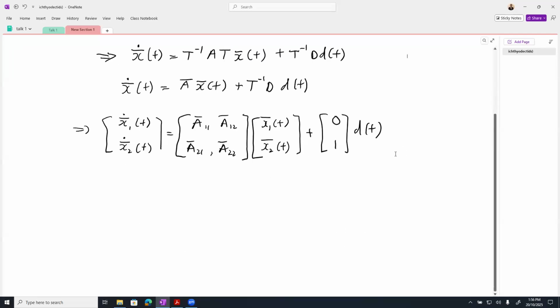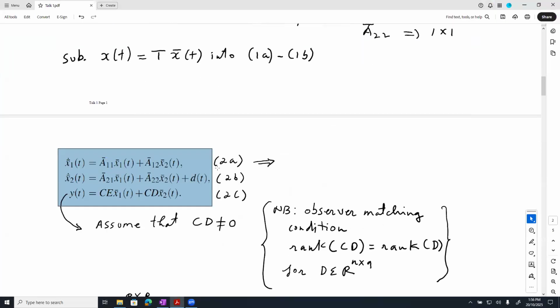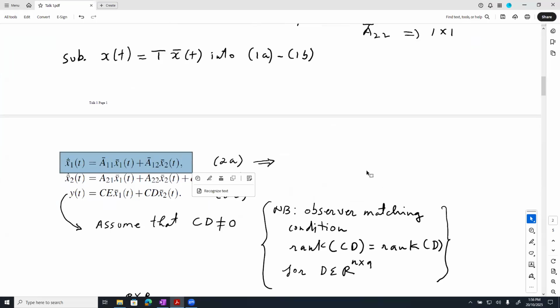And as a result, we can express x1 bar, which is free of the unknown input. Okay, so that's where we got it in this form. So when we look at this equation, the significance of it is that it no longer contains the unknown input.